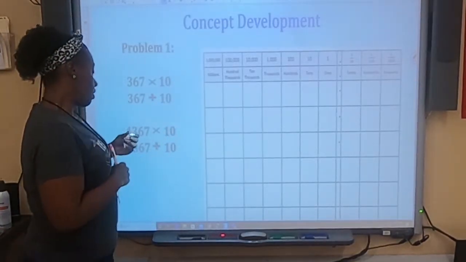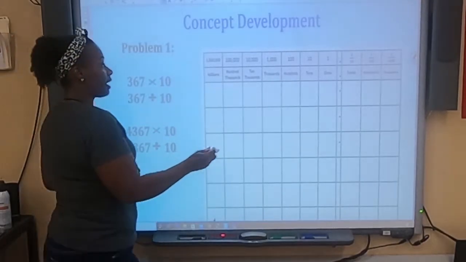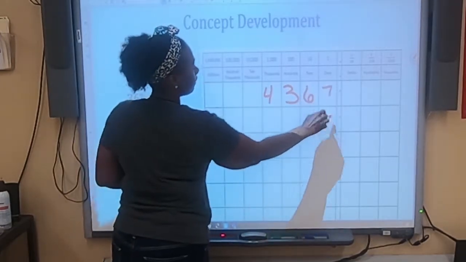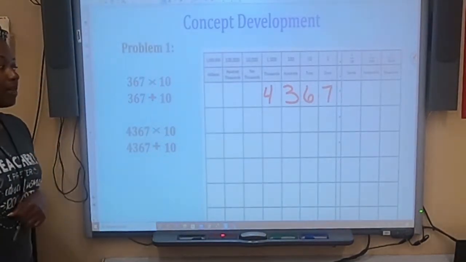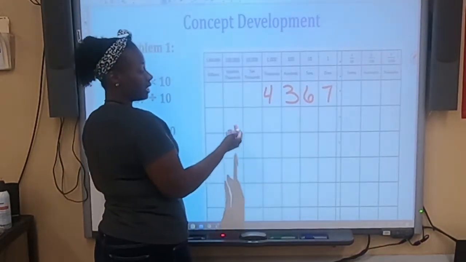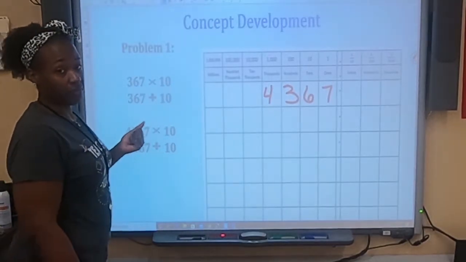Okay. So I start by putting each of my digits in their place value. So we have 4,367. I'm multiplying by 10, which means I'm shifting to the left 1 time. So all of my digits have to shift left 1 time.